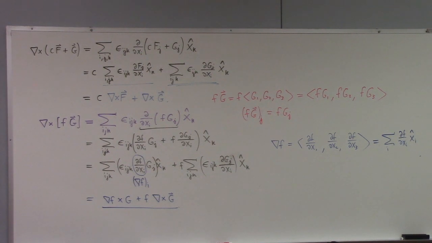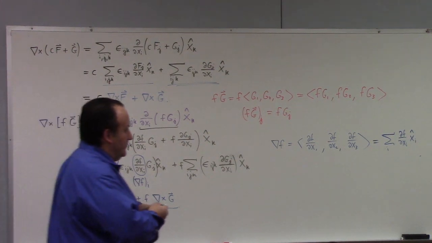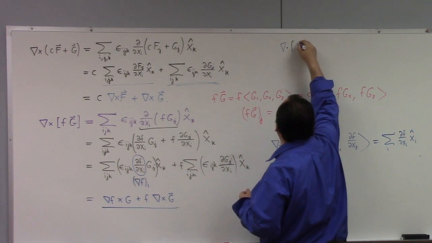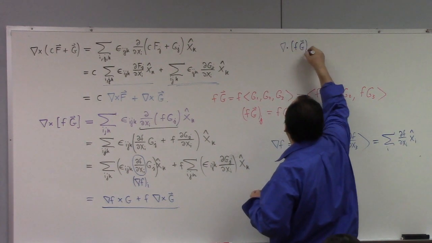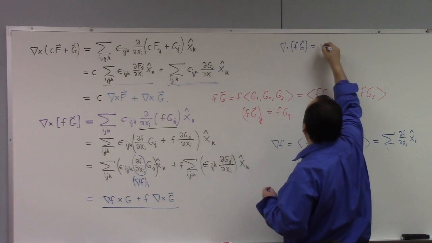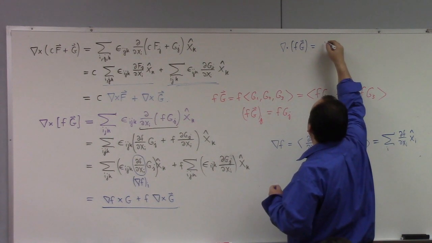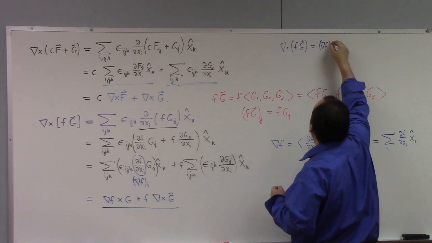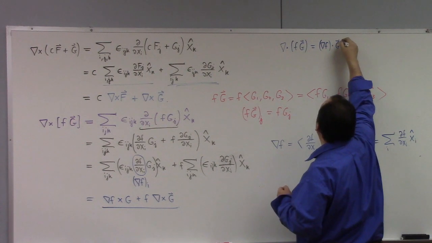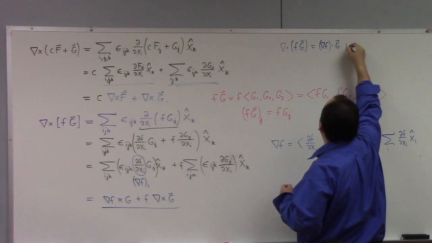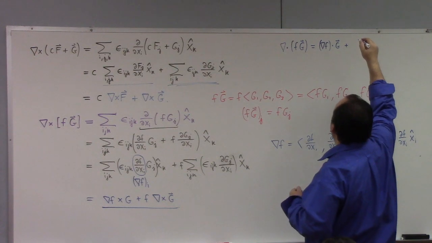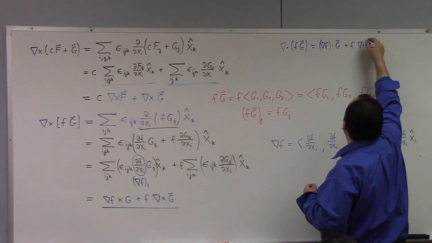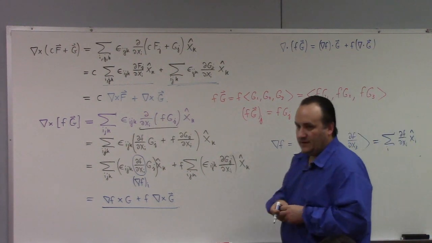So, all right. I won't prove everything here. Another property that you're going to prove is the divergence of a function times a vector. That works out to, if I remember right, the gradient of f dotted with g plus, oh man, goodness, it's got to be the function times the divergence of g. That's the other part of your first homework problem, okay?